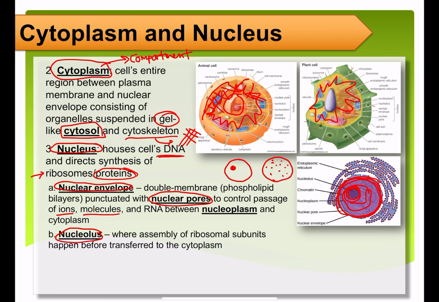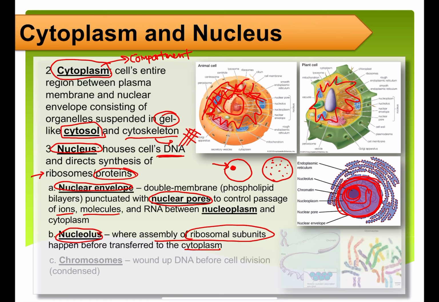That little dot is the nucleolus, which functions in the assembly of ribosomal subunits, and I'll get to their function in a bit. Like I said, ribosomes are for protein synthesis. So where ribosomes themselves are generated is within the nucleolus, and they will then be transferred into the cytoplasm for their job of producing proteins.